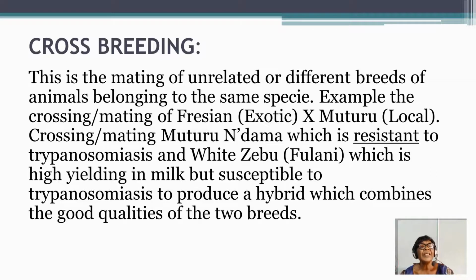Let me take it again. Crossbreeding is the mating of unrelated or different breeds of animals belonging to the same species. The animals must belong to the same species.